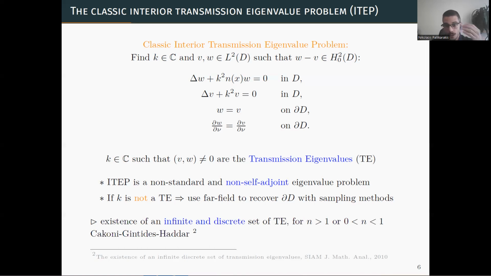This was a difficult problem, and it was completely solved in 2010 in the paper of Cakoni, Gintides, and Haddar, where they show that this problem has indeed an infinite discrete spectrum, provided that the refractive index is either greater or lower than 1. It cannot be one inside the domain.